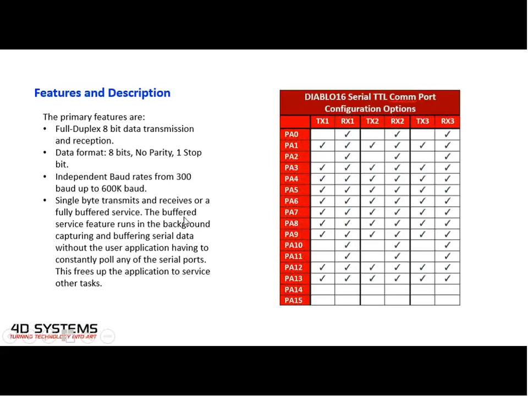You can select that. The buffered service feature runs in the background, capturing the data into the buffer without the user application having to constantly poll any of the serial ports. So it greatly optimizes your application. They do not have to poll the serial ports, especially if you use the buffering service, so it increases the application's efficiency.